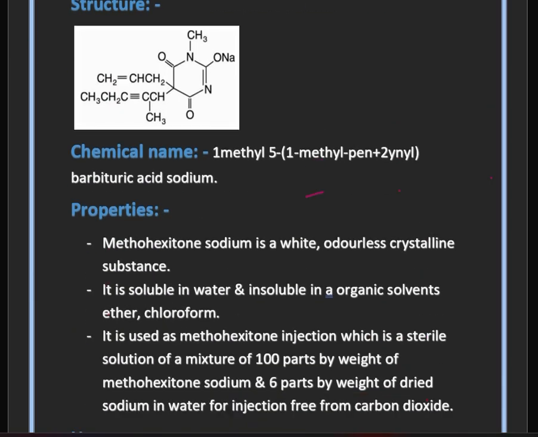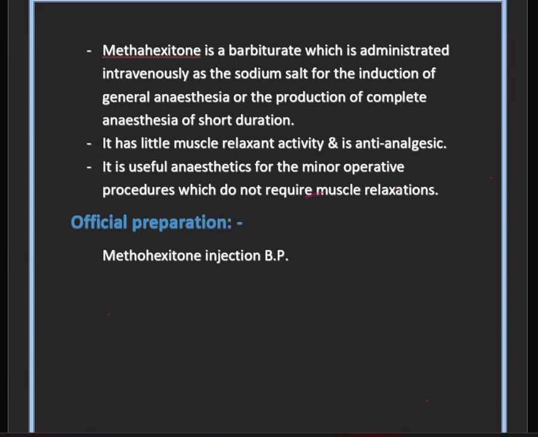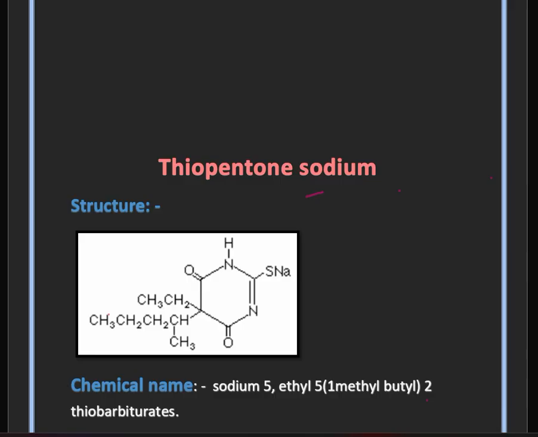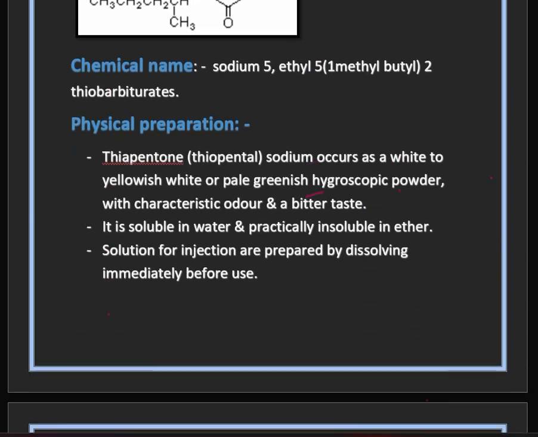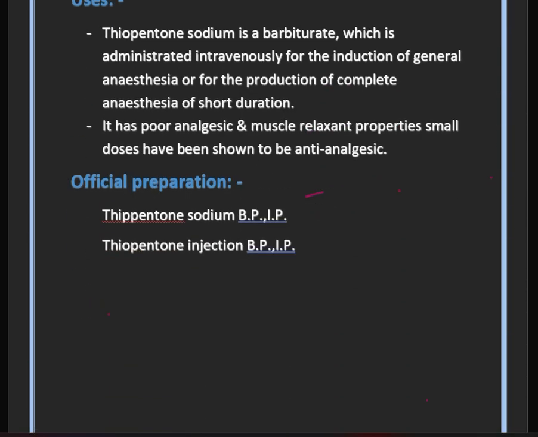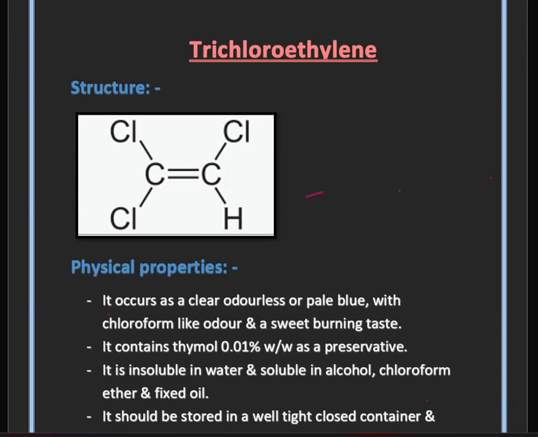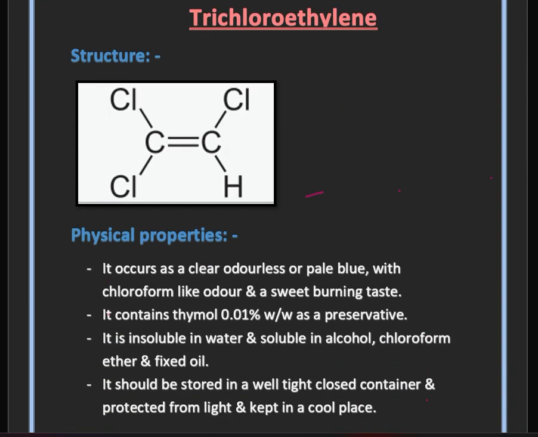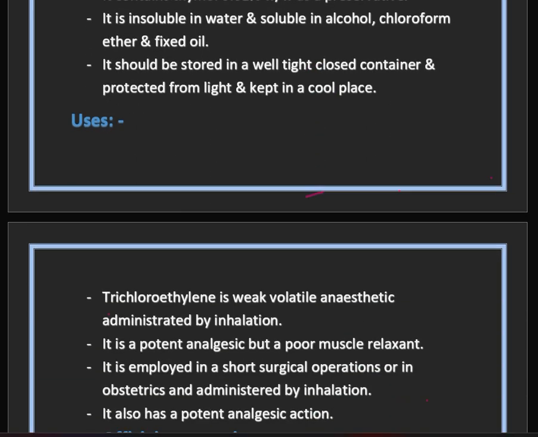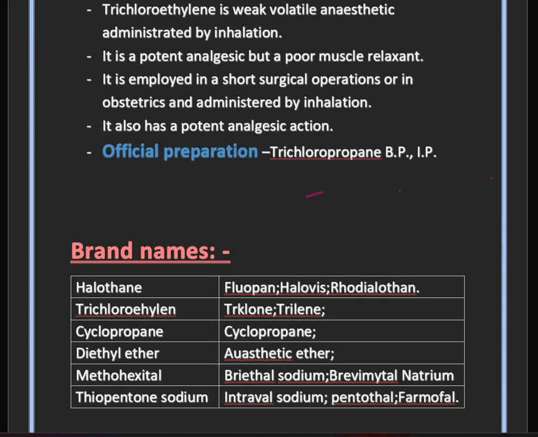Methohexitone sodium is also an important drug used as general anesthesia. Then thiopentone sodium is also an important drug. And the last one is trichloroethylene. So this covers structure, physical properties, uses and brand name.